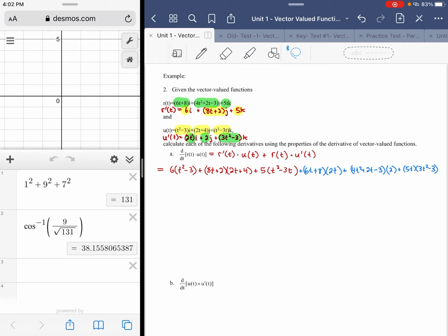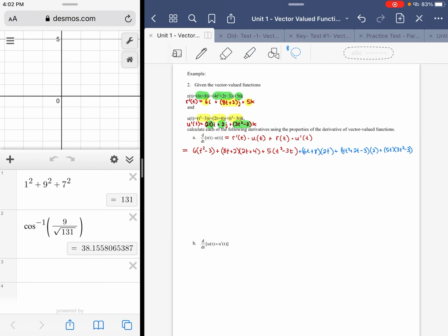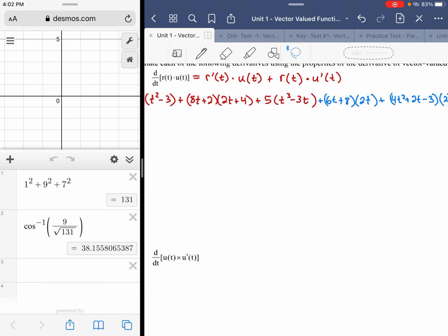Now, crossing u against u prime. So that's a little bit more of an interesting situation. So let's expand that out, and you'll see something really nice happens along the way here. Just bear in mind that one of the factors of the cross product is already the derivative.